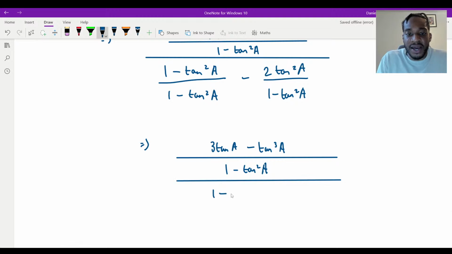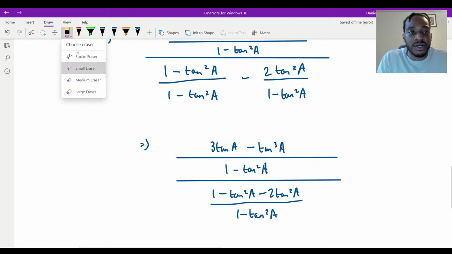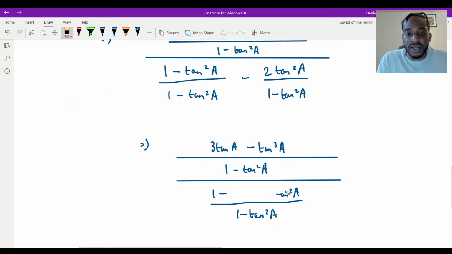That's just gonna be 1 minus tan squared a, right? Minus that 2 tan squared a, to be fair, over 1 minus tan squared a. And to be fair, 1 minus tan squared a minus 2 tan squared a is going to be 1 minus 3 tan squared a. So I'm going to rub that out, and I'm going to replace this with minus 3 tan squared a. So I get this here.